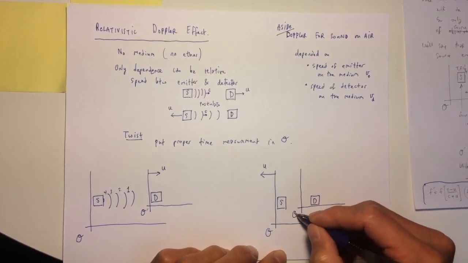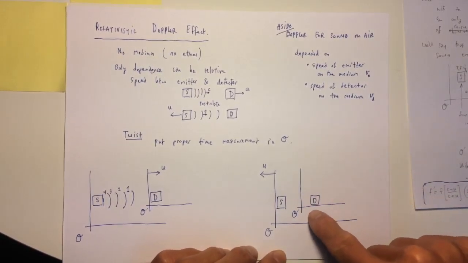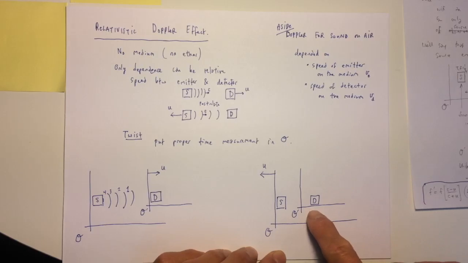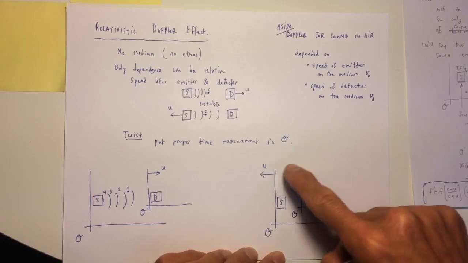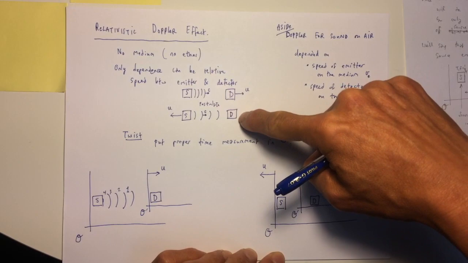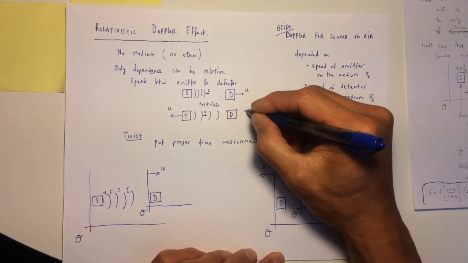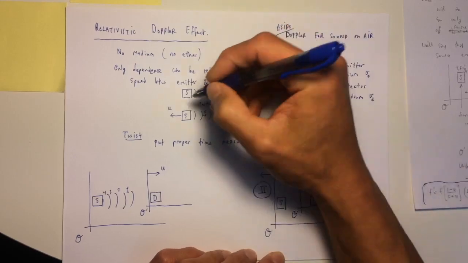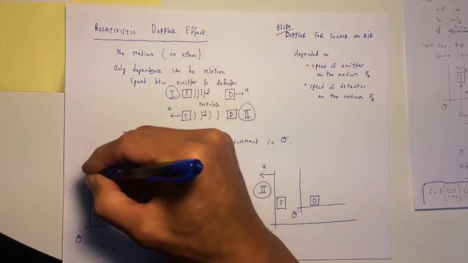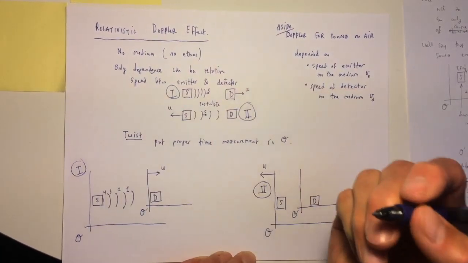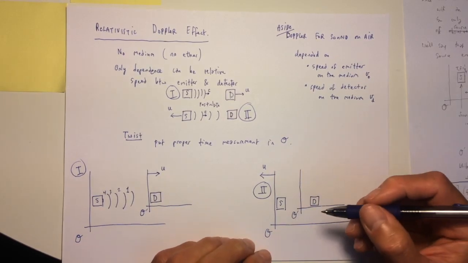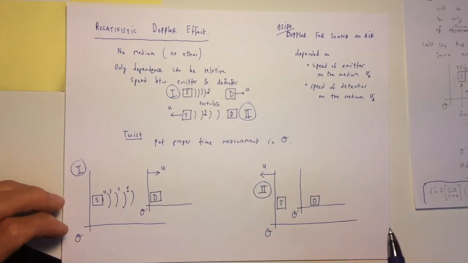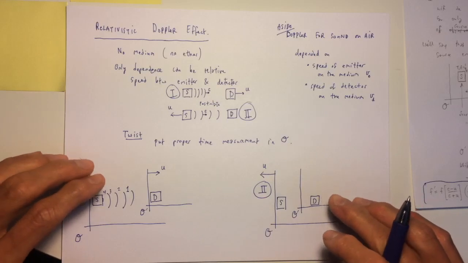So the detector is in O prime, and we imagine O prime as being the thing that seems to be at rest. And this looks more like the second case here, right? So this looks like case number 2, and this looks like case number 1, right? Okay, so that's our setup.